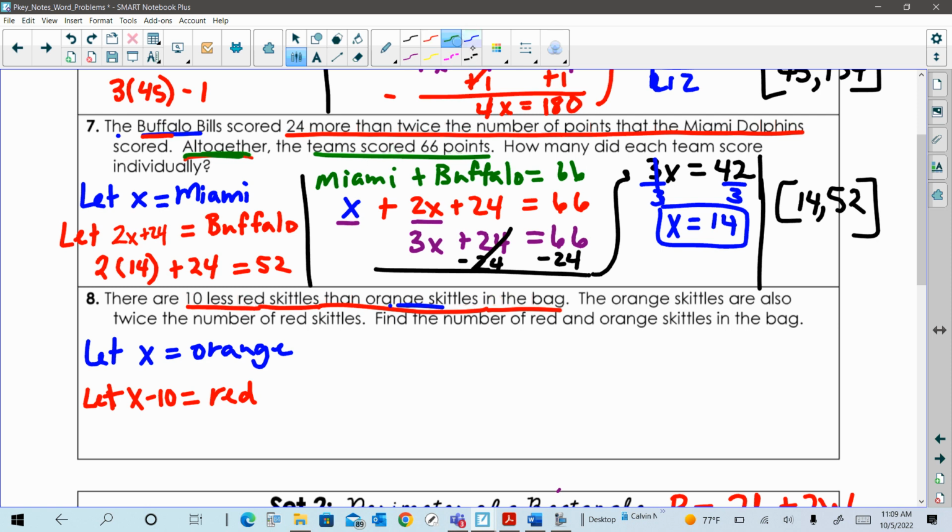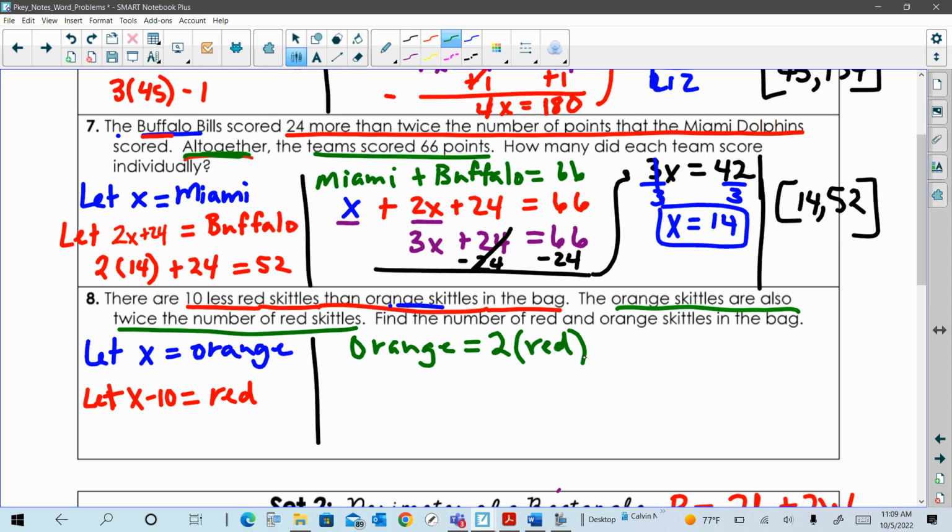Now, this part is where most people are messing up. It says the orange Skittles are also twice the number of red Skittles. So let me show you what they mean by that. Whatever my orange amount is, twice means you're doing what? Multiplying by 2. So this means I'm doing 2 parentheses red, because my red is not just a number, it's an expression, the x minus 10.